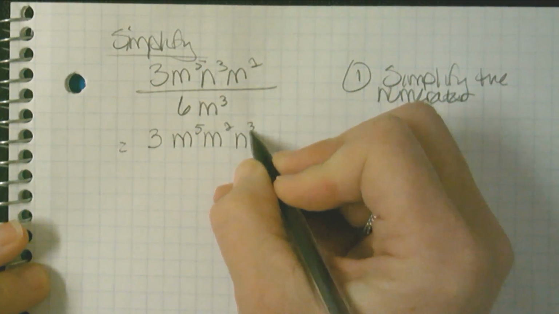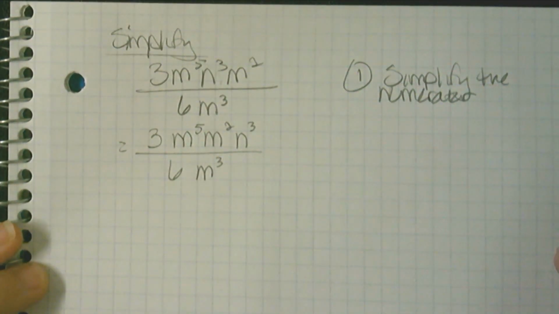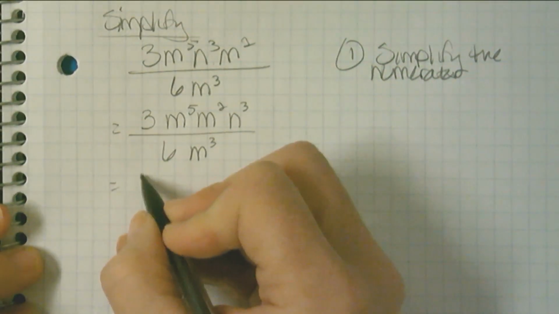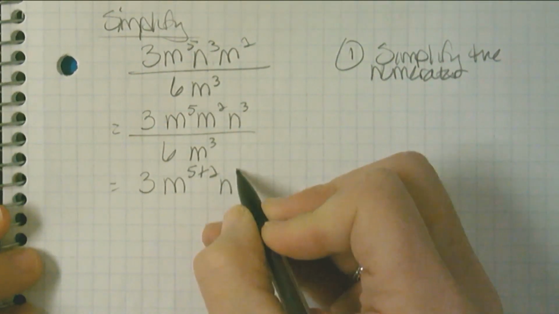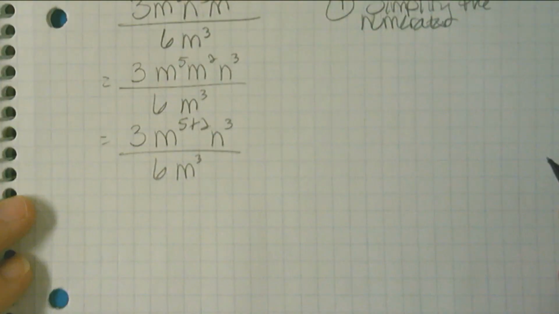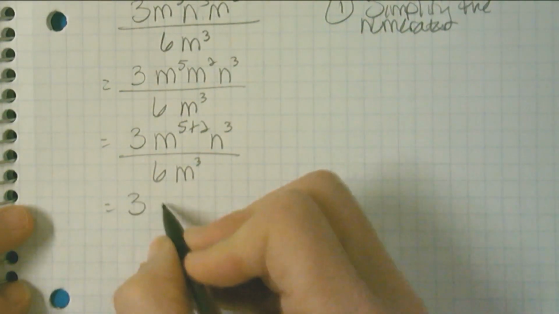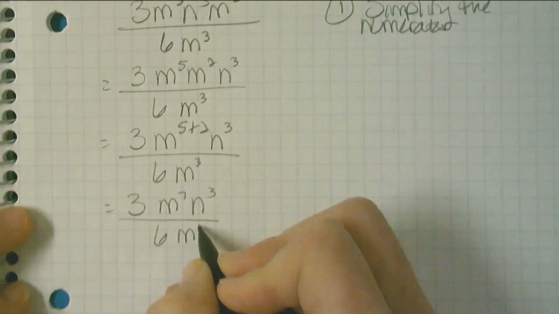Excellent. So I'm just going to move those m's next to each other. All right, so then I have 3m to the 5 plus 2 times n to the 3rd over 6m to the 3rd. So now I have 3m to the 7th n to the 3rd over 6m to the 3rd.